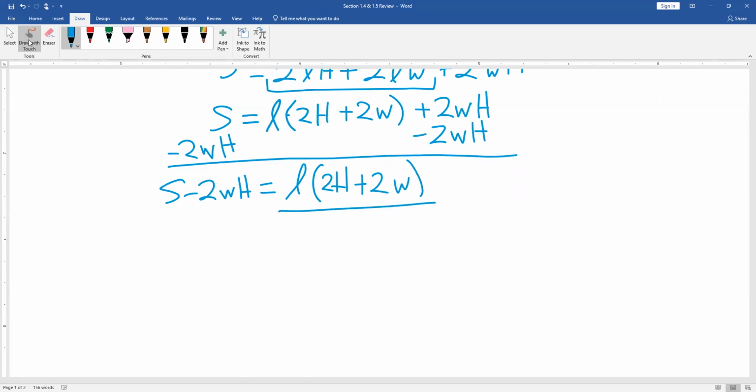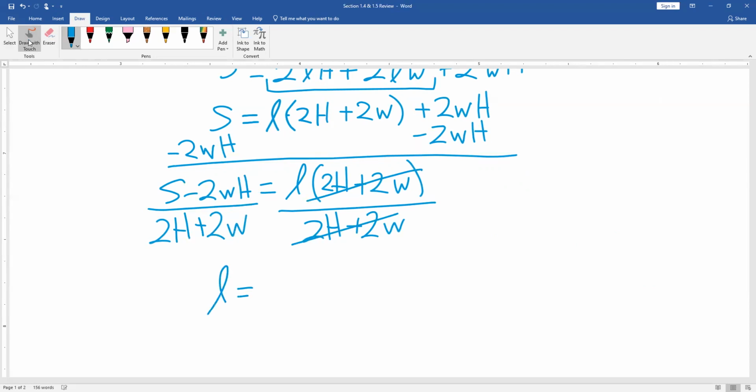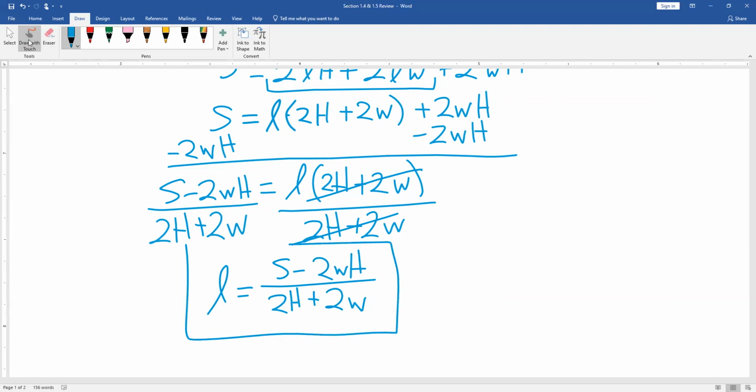And so now I can divide both sides by the 2H plus 2W. And then I am left with just my L. So these cancel each other out. And I'm left with L equals S minus 2 times WH divided by 2 times H plus 2 times W. And we're done.